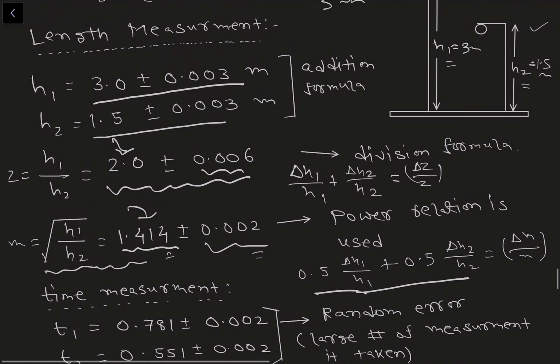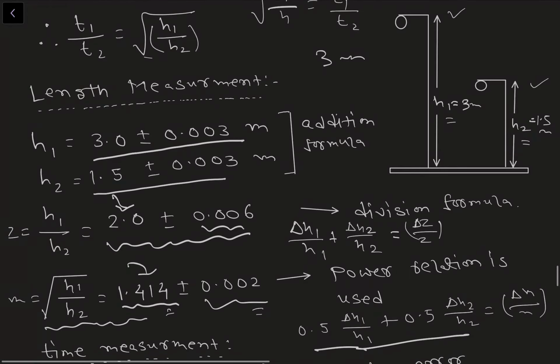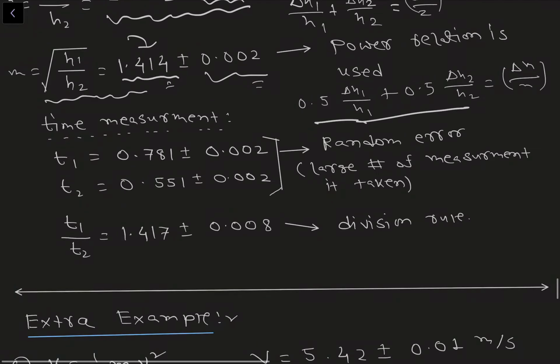Now let's come to time measurement. The measurement is taken here by an electronic system. We discussed in our lecture 1 the electromagnetic, stopwatch and electronic sensor based systems to minimize the error. So we measure a large number of fall times.